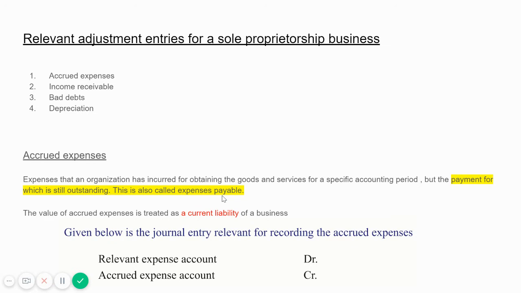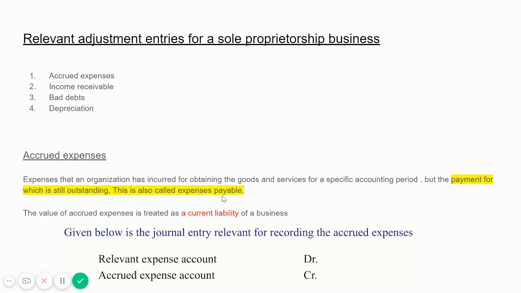Now, accrued means, now you know what the accrual concept is. So thereby accrued expenses are the expenses which we have not paid during the accounting period, but which are relevant for the accounting period. And when we are preparing the financial statements, it is a must to show them.